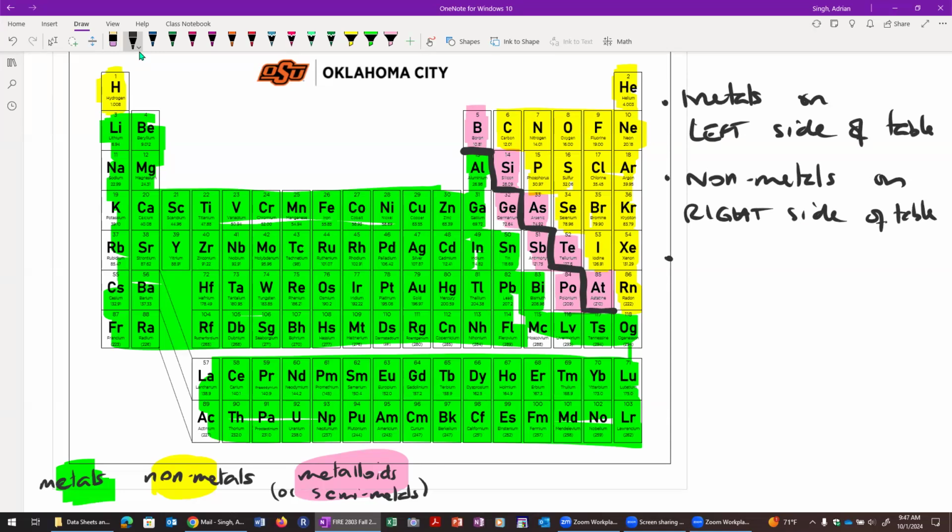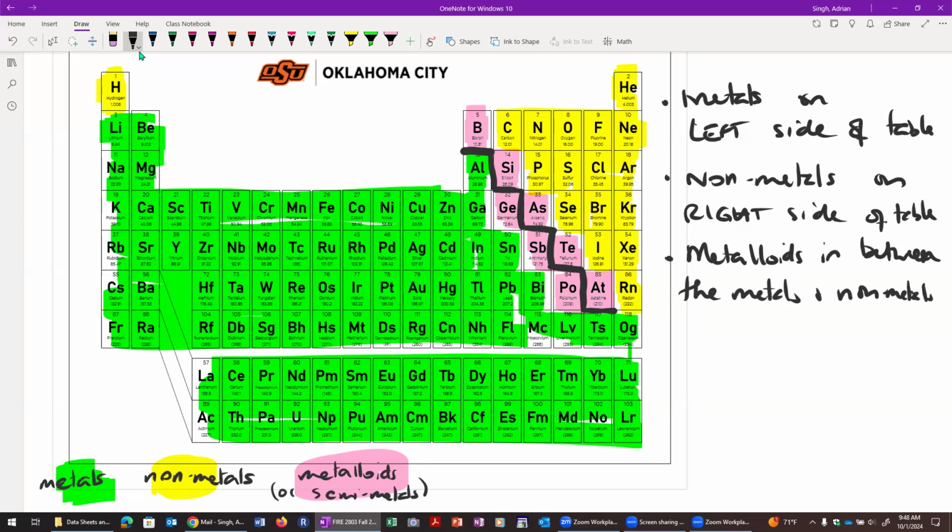And then in between the metals and the non-metals, you have your metalloids. On this particular periodic table, there is a thick zigzag line that serves as the line of demarcation.